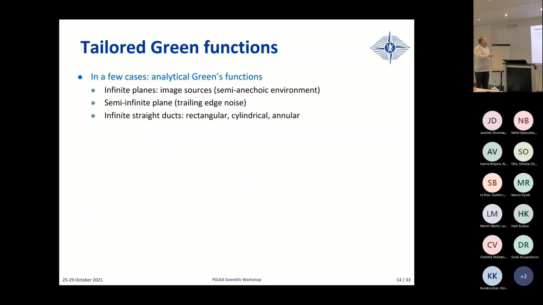If you have a semi-infinite plane, it's a little bit less easy, but there's still an analytical solution derived by Fock, Williams, and Hall, and it applies in particular to trailing edge noise.